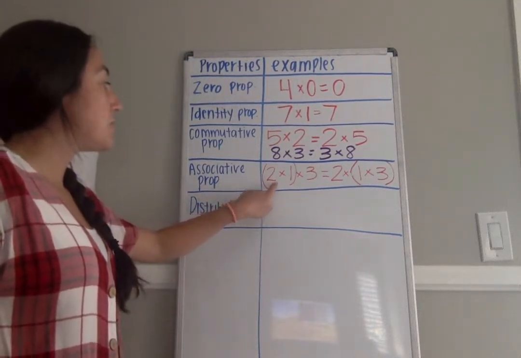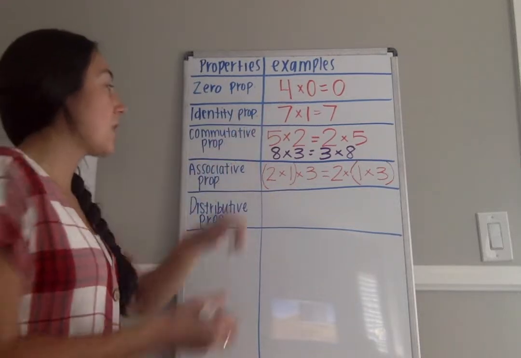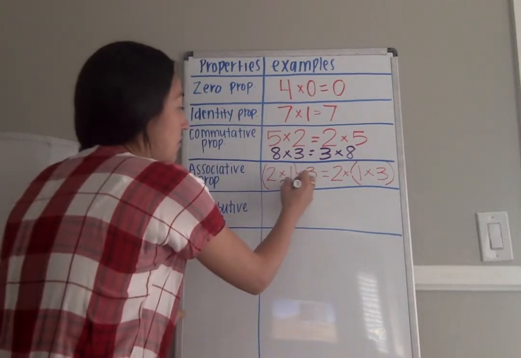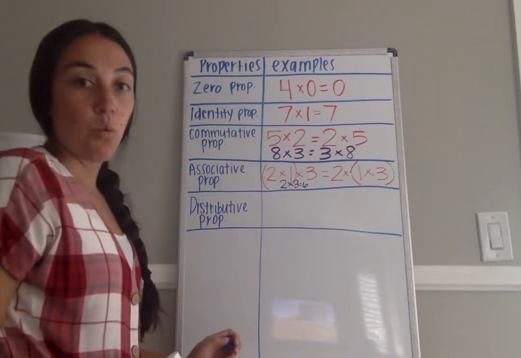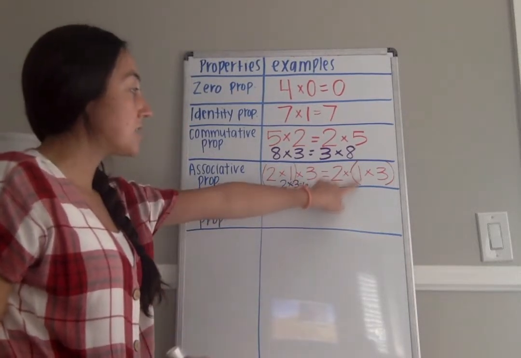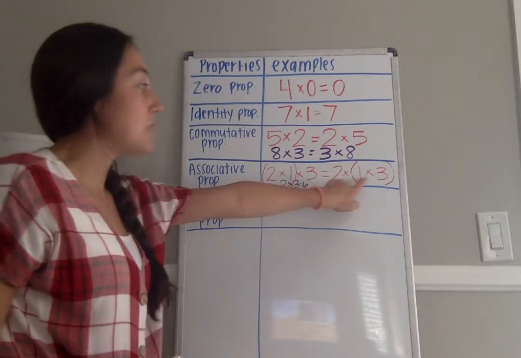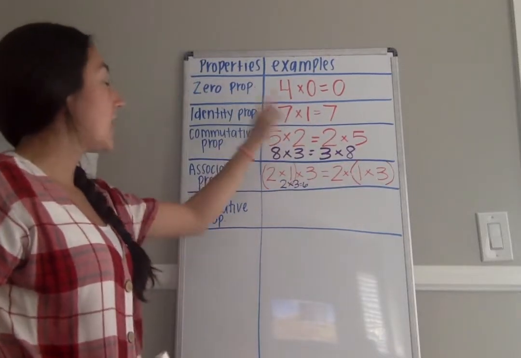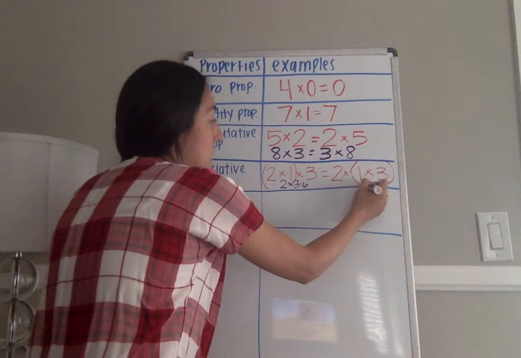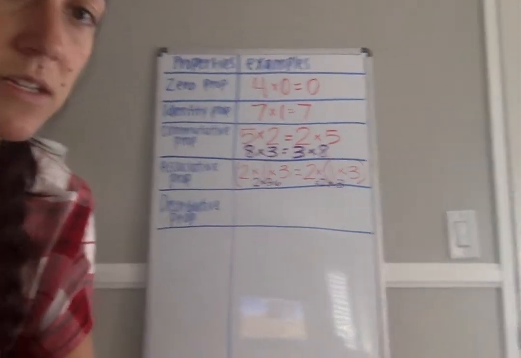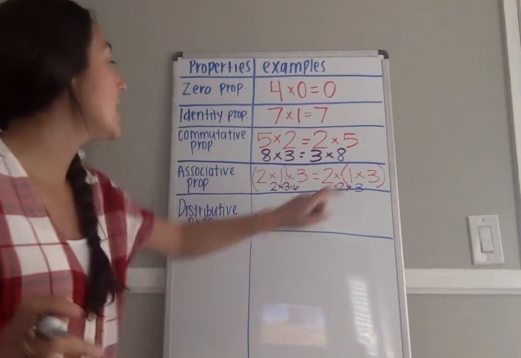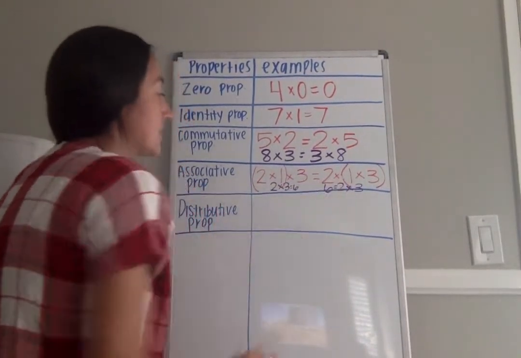So if I multiply 2 times 1 using the identity property, that's going to be 2, and then 2 times 3 is 6. Well, when I do it over here, I have to start with what's in the parentheses, and that's 1 times 3. Again, using the identity property, I know that that is 3. And then 2 times 3, I'm trying to get you to see that, 2 times 3 is equal to 6.